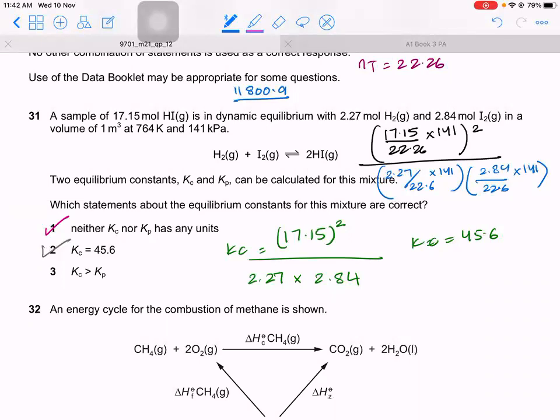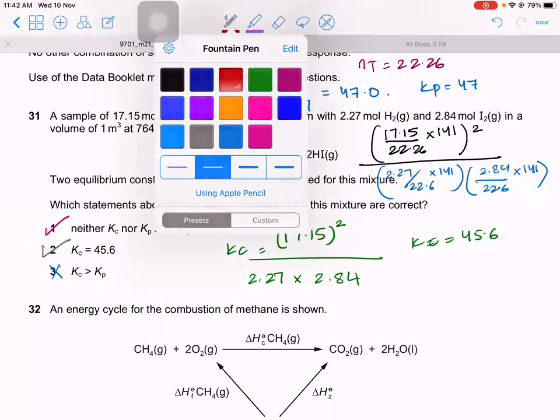So this comes out to be 14.16 times the other one, which is 2.84 divided by 22.26 times 141. This is 17.7. So this multiplied by 14.16, and then you have 11,800.9 divided by this answer, and this comes out to be 47.0. So your Kp is 47, your Kc was 45. They are saying Kc is greater than Kp. No. Answer is B.